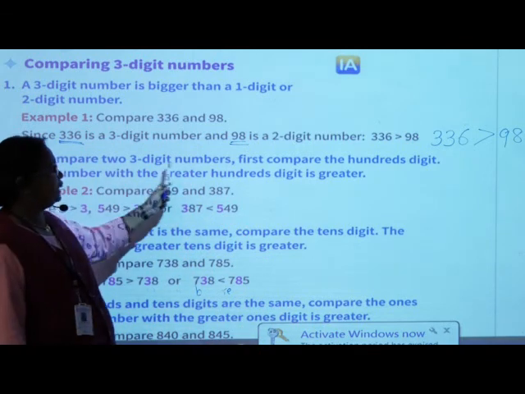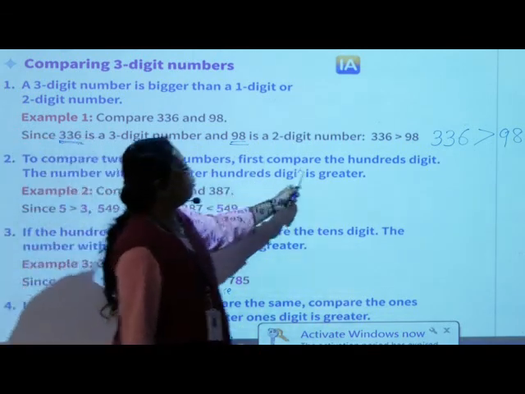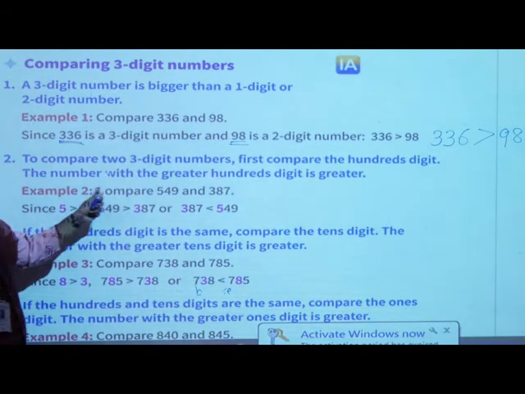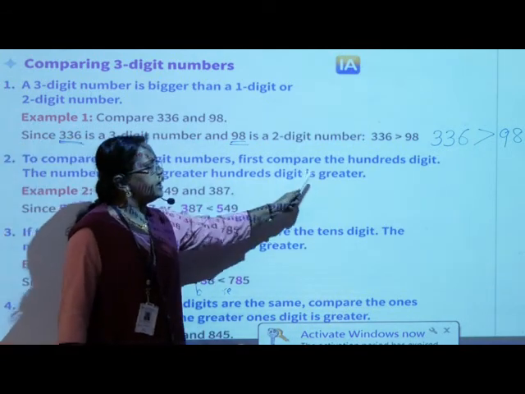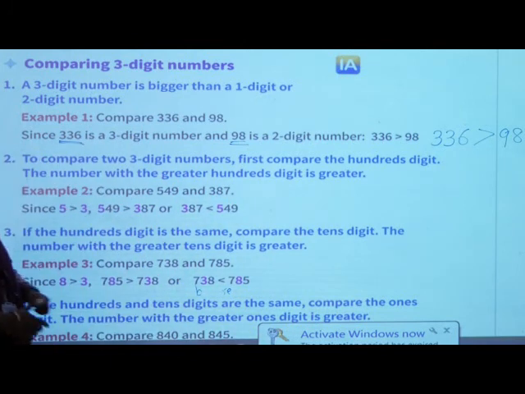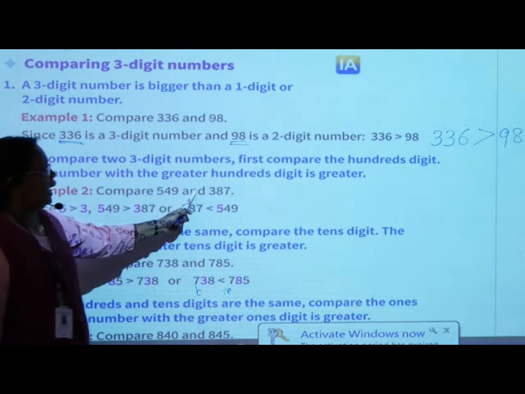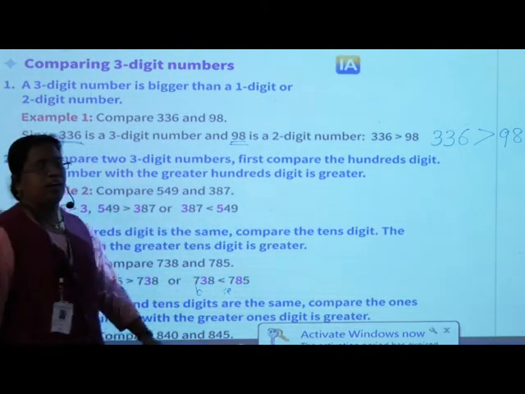Now next one, to compare two 3-digit numbers, first compare the hundreds digit. Then the number with the greater hundreds digit is greater. See here, for example, compare 549 and 387.